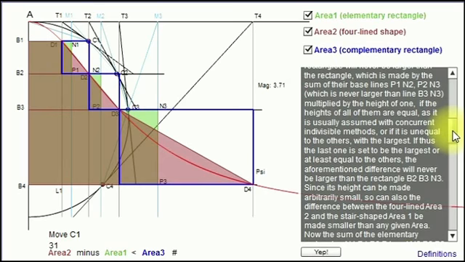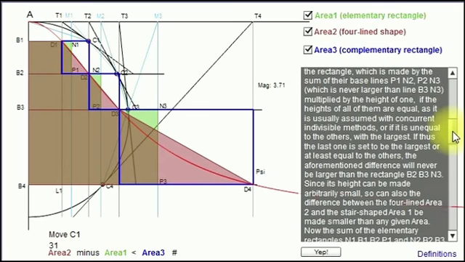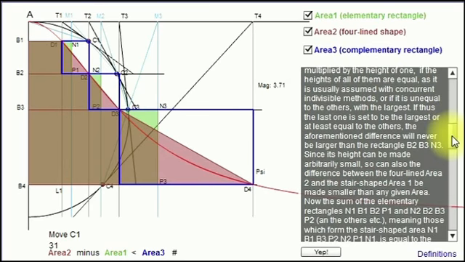If thus the last one is said to be the largest, or at least equal to the others, the aforementioned difference will never be larger than the rectangle b2, b3, n3.